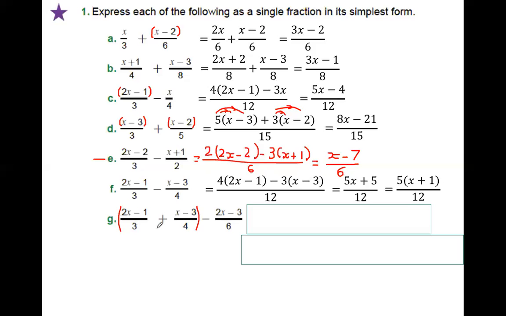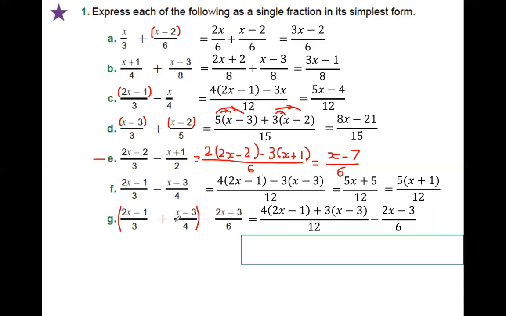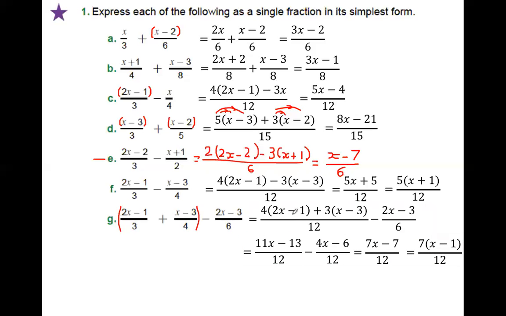Okay. The next one is a combination of both. So you'll treat the first one first. Once you've got that, then it becomes 11x minus 13, I got that.